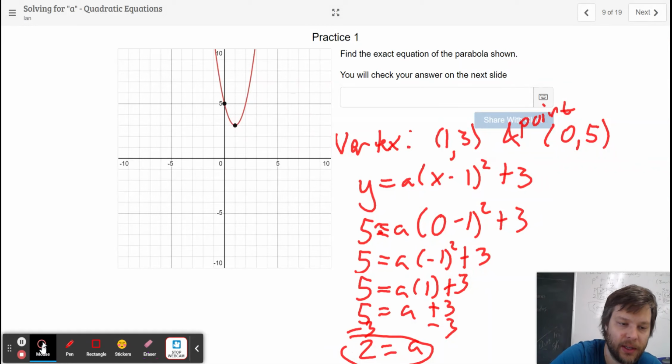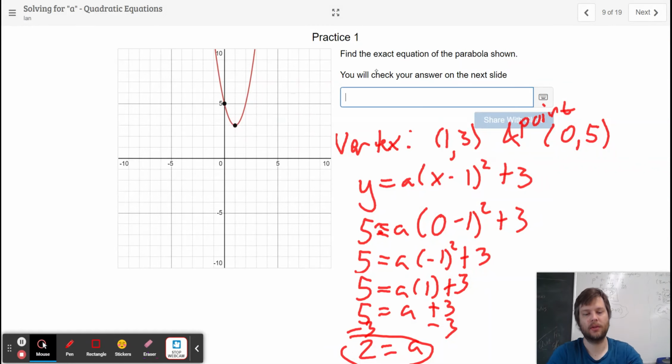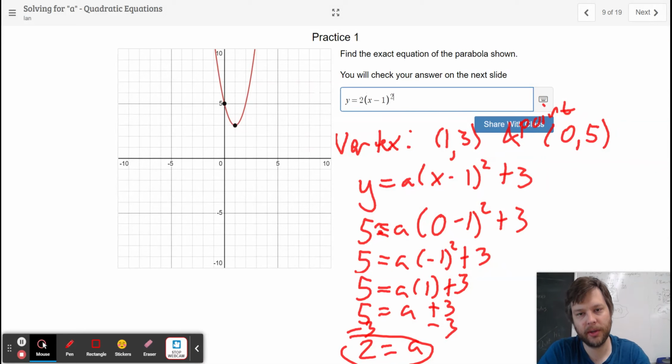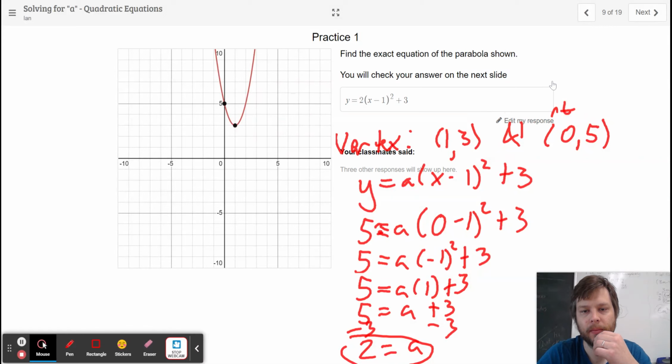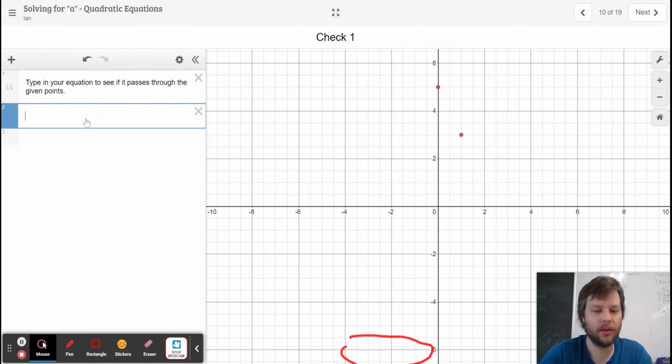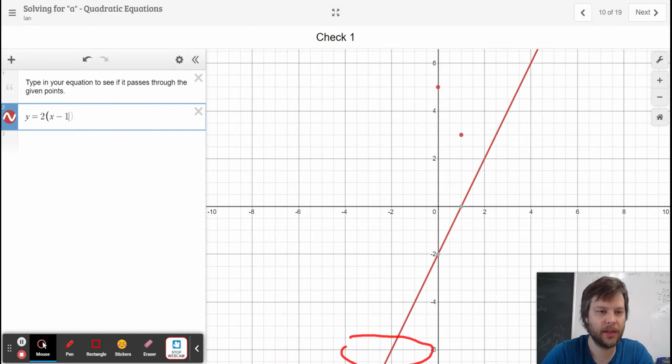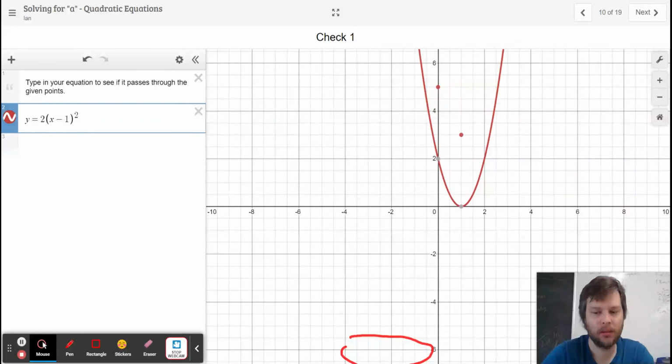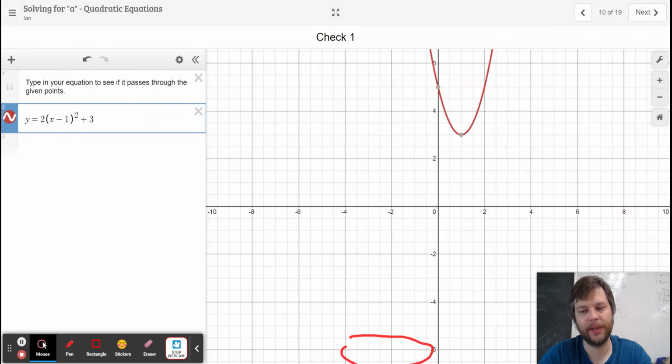So the final equation is y equals 2, x minus 1 squared plus 3. Let's try it. Y equals 2, x minus 1 squared plus 3 goes through the 2 points.